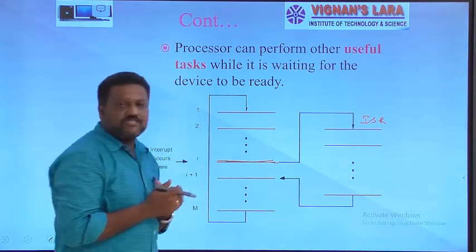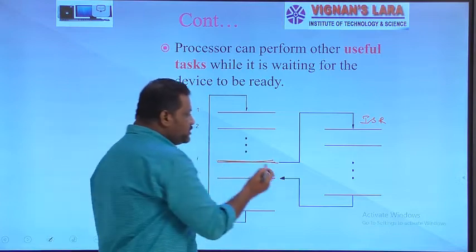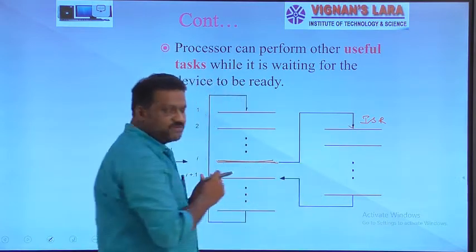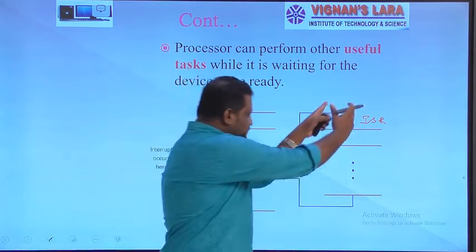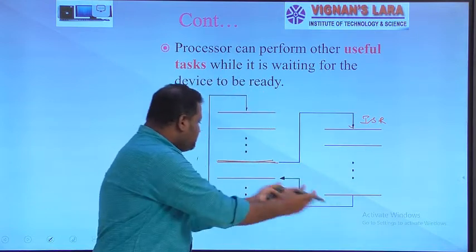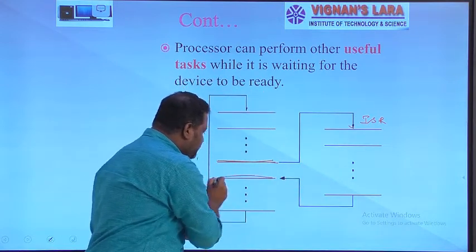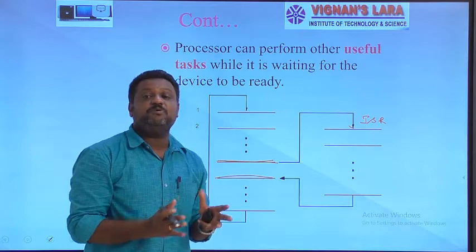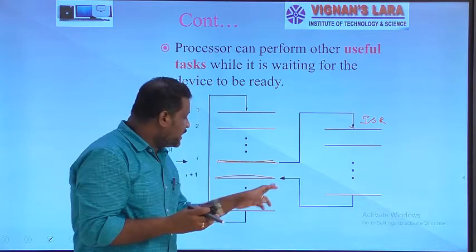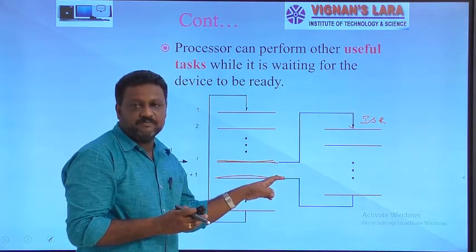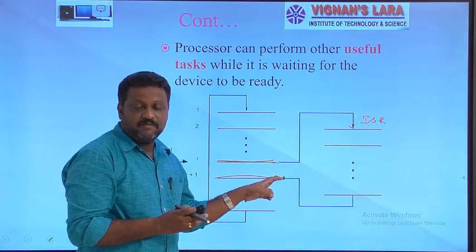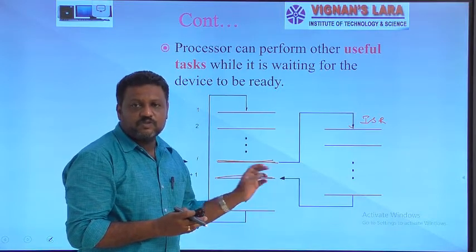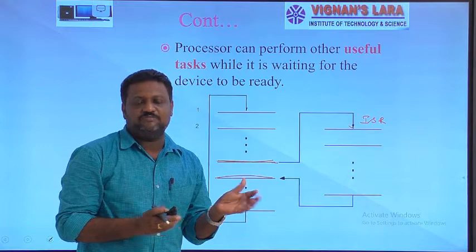After execution of instruction I, my program execution was shifted to this interrupt service routine. After successful completion of this, I have to come back to this point only. Why? How can my CPU know where I moved from? How does it know?